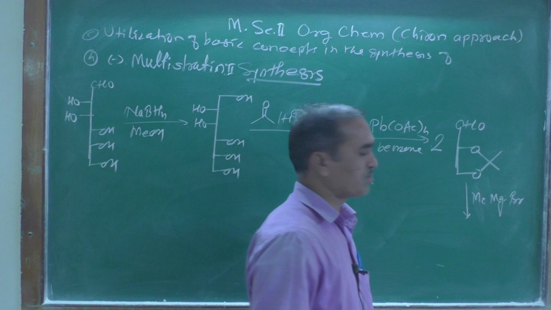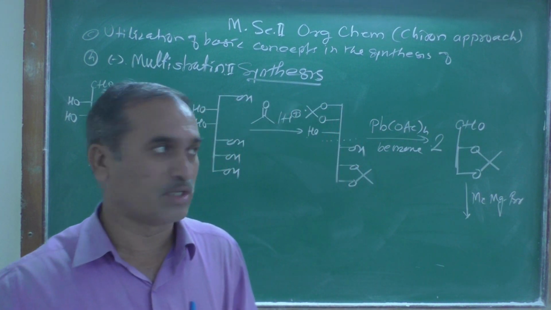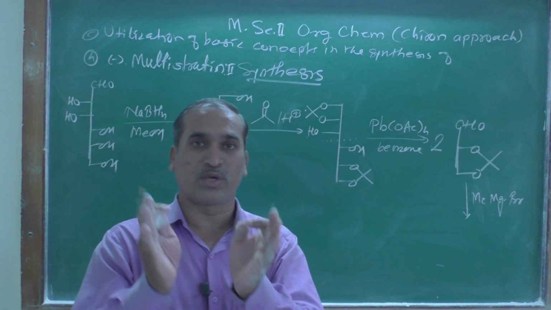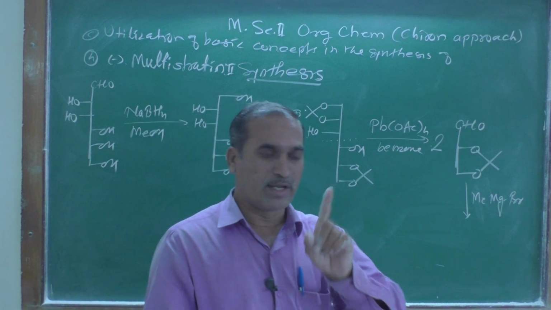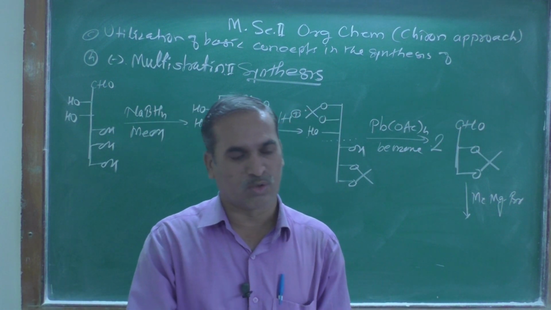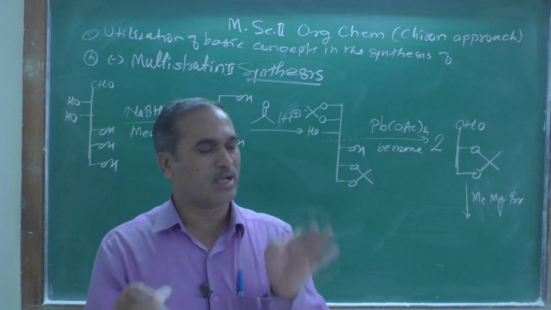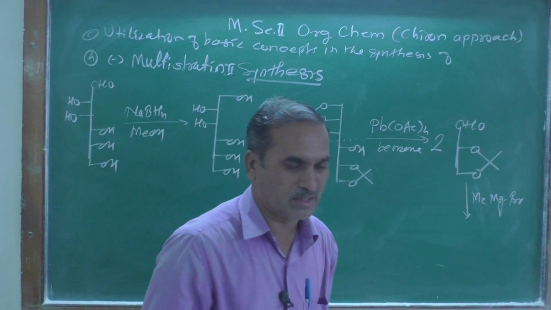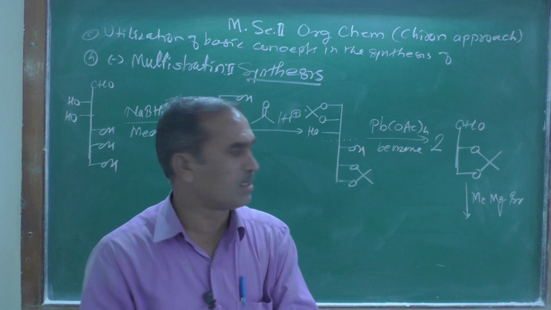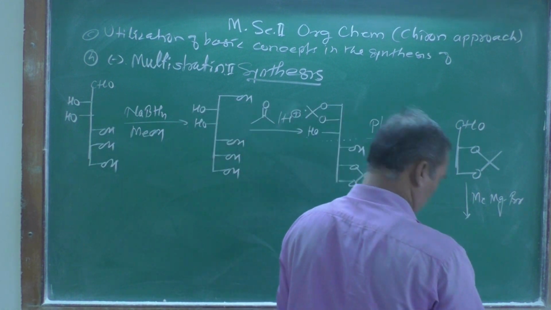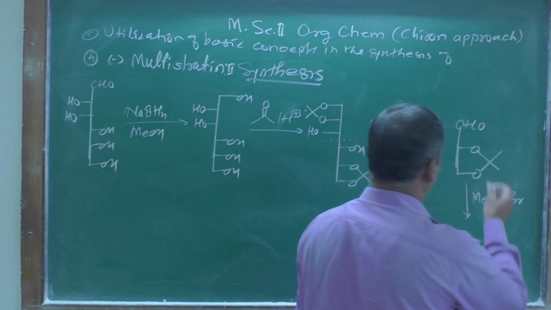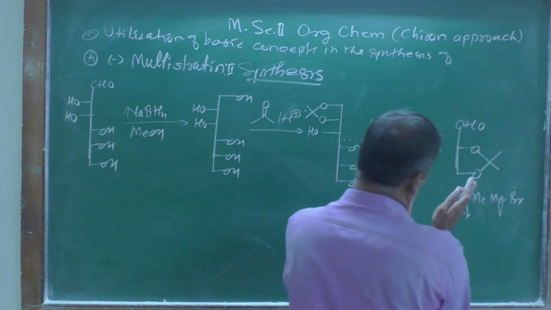What does Grignard's reagent do with that aldehyde? You are going to get a secondary alcohol. Only formaldehyde gives a primary alcohol, whereas the rest of the aldehydes react with Grignard's reagent to give secondary alcohols, and therefore you are going to get the secondary alcohol here.